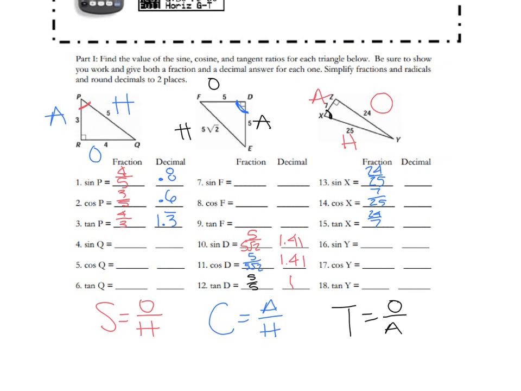So, to reduce these fractions, 24 over 25 is 0.96. 7 over 25 is 0.28. And 24 over 7 is going to be 3.43, since we're rounding to the second place.